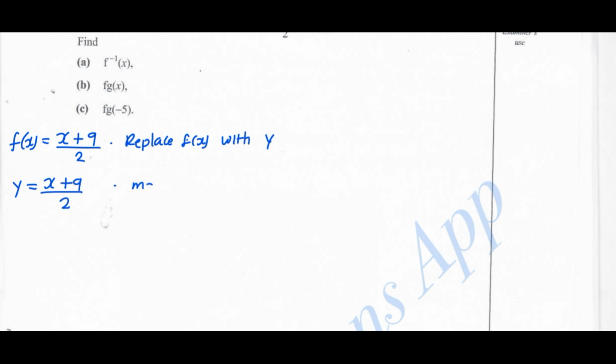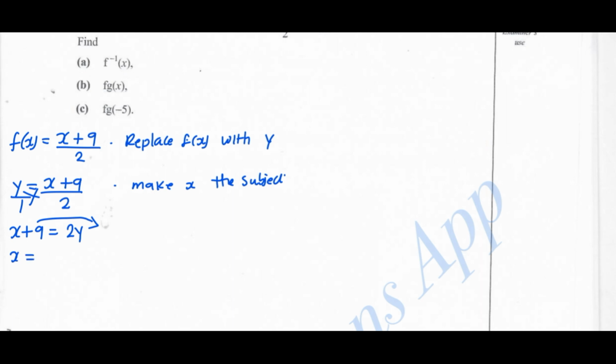Then here, what do you do? Make x the subject of the formula. So you cross multiply. 1 times x plus 9 will be x plus 9, and 2 times y will be 2y. Then we shift the 9 to this side.